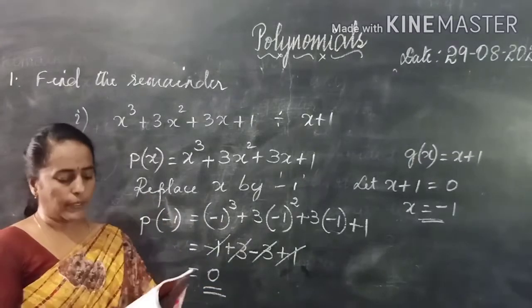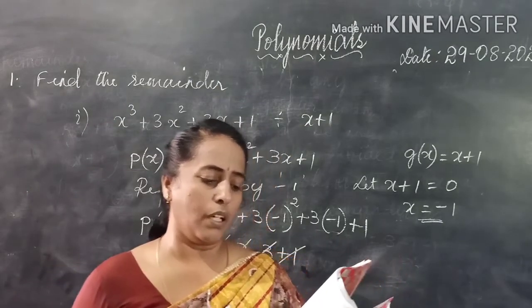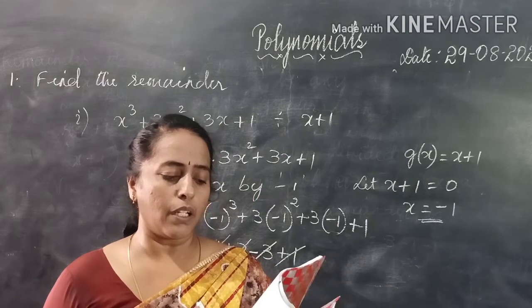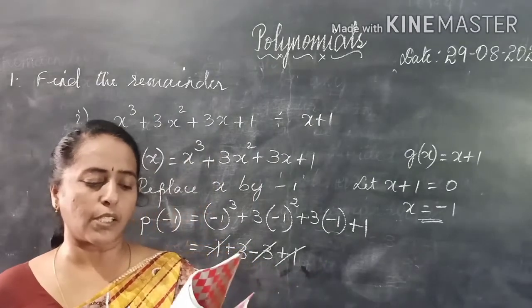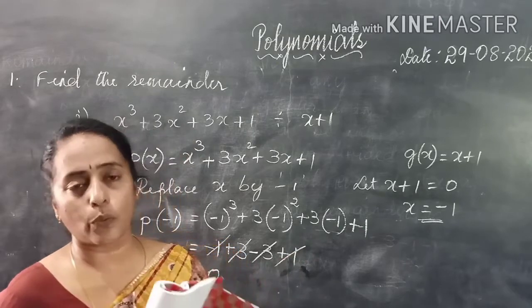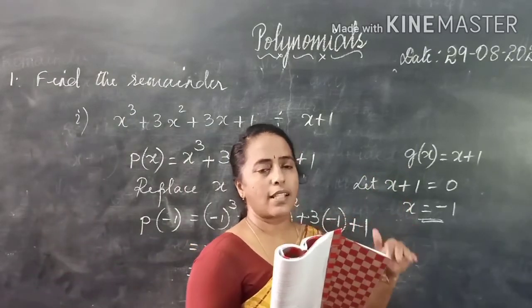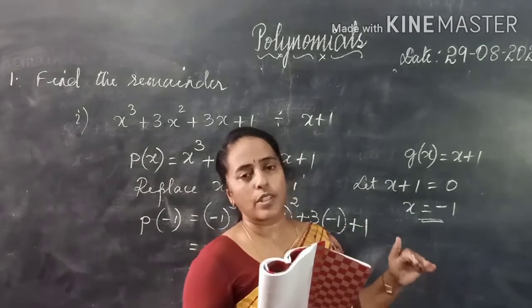So like that, students, get the remainder for the second one. When the given polynomial x cube plus 3x square plus 3x plus 1 is divided by x minus 1 by 2. Here, in this case, 5 cases are given. The divisor value is changed.